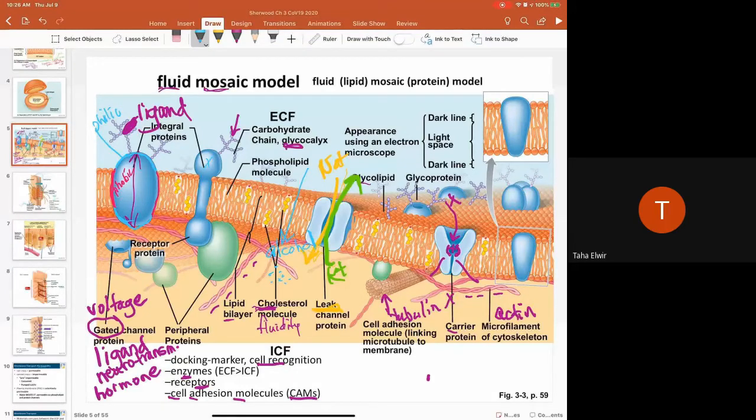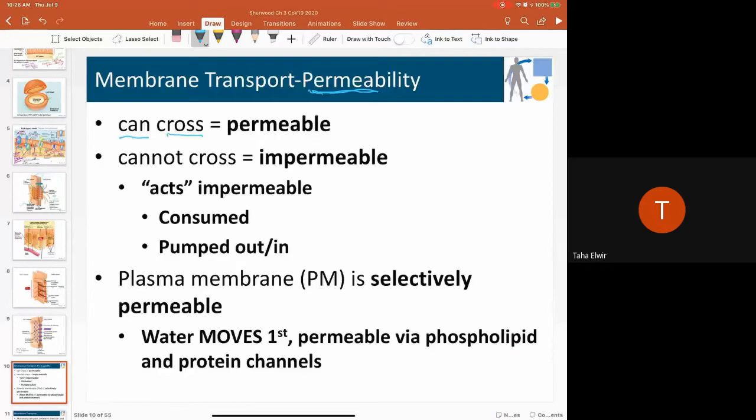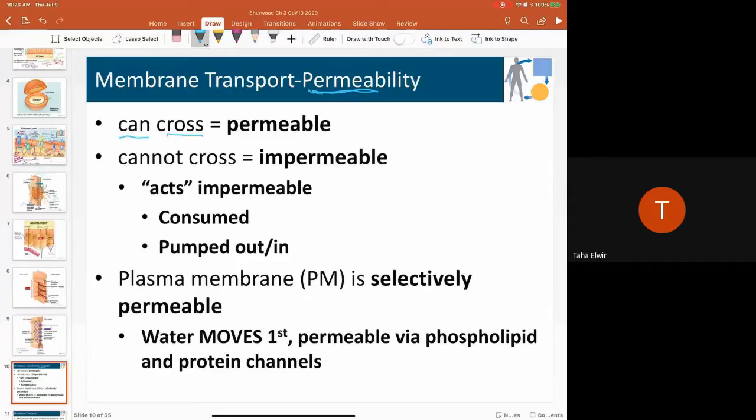So permeable could be diffusing through, it could be carried across, and it could be active transport.